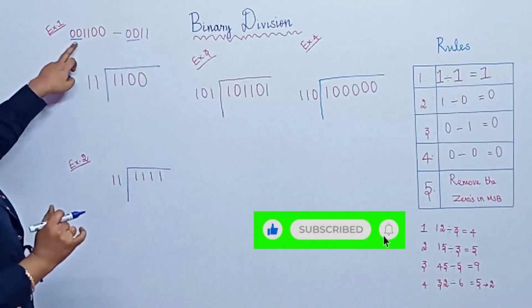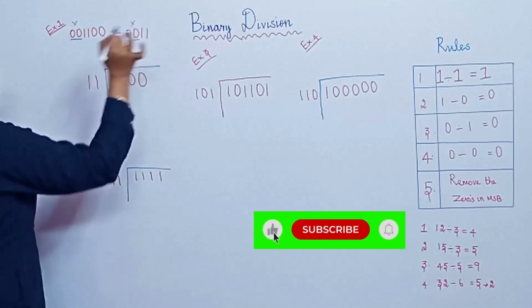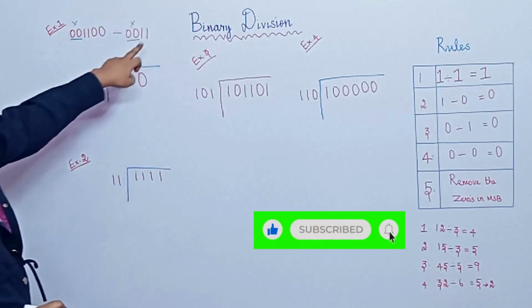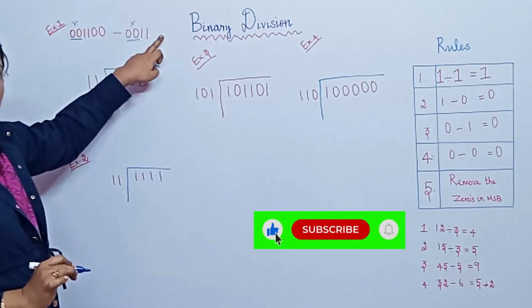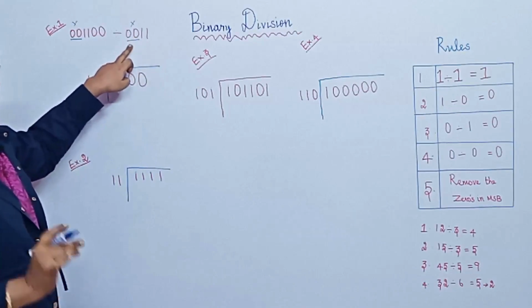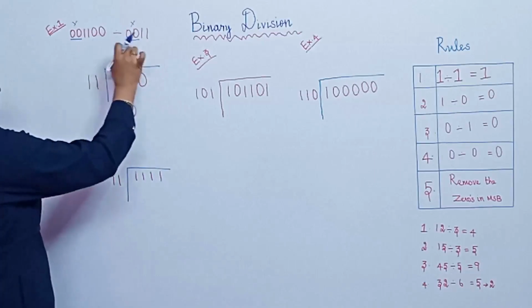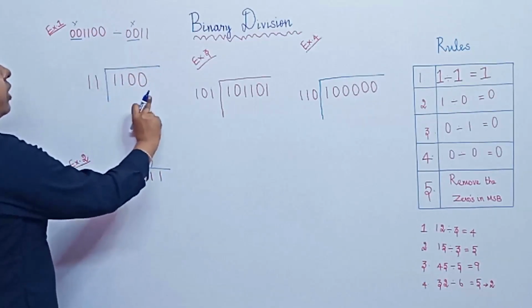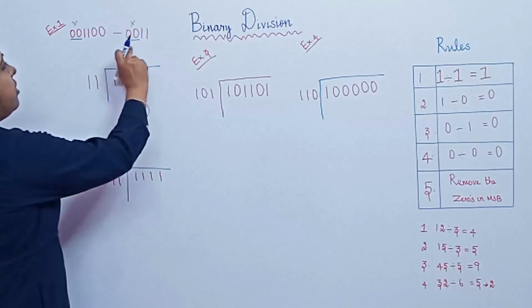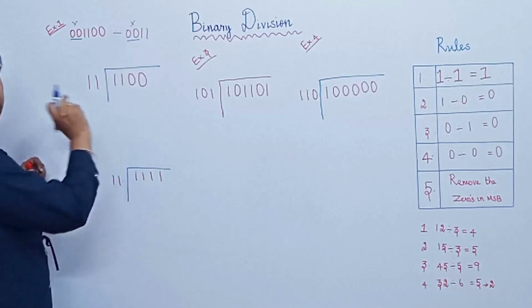So as per the rule, we can discard these zeros when they are in the MSB. Suppose we have 1100, this rule cannot be applied. Only when the first digit is a 0, it has to be discarded. Now the number is written as 110, the dividend, divided by 11 as divisor.